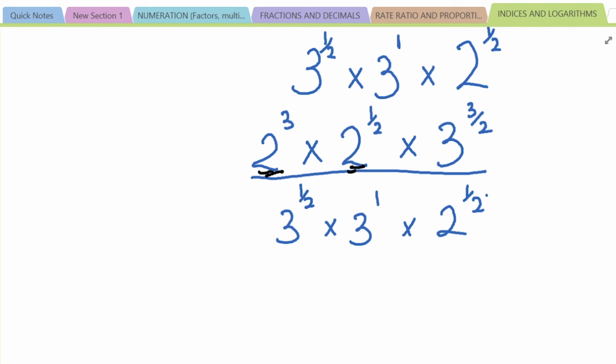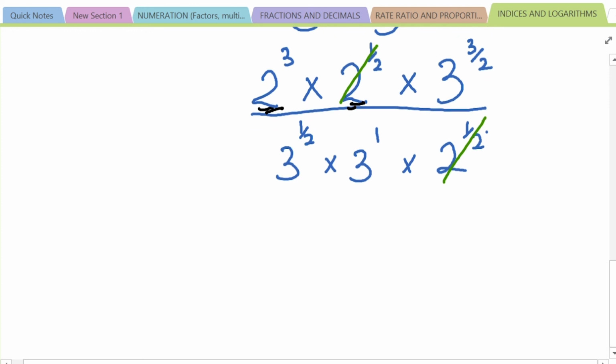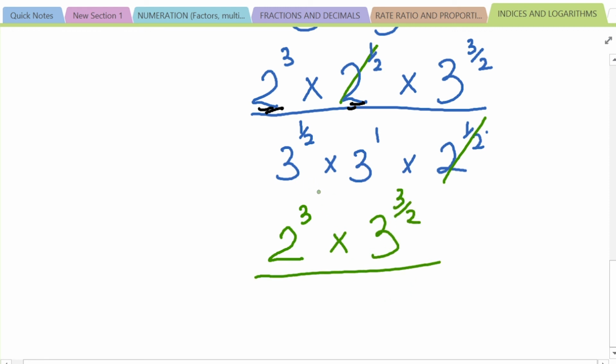From this, we are able to see that certain things can cancel out. For example, this 2 to the power half can cancel out with that 2 to the power half. And what do we remain with? On the top, we have 2 to the power 3. Multiply that by 3 to the power 3 over 2. Divide that by, of course, this is 3 on the bottom.